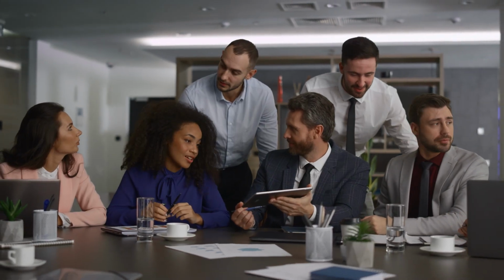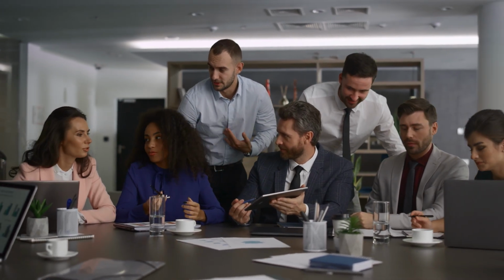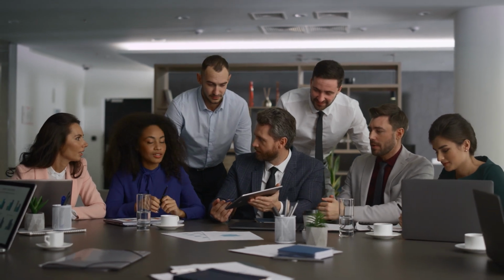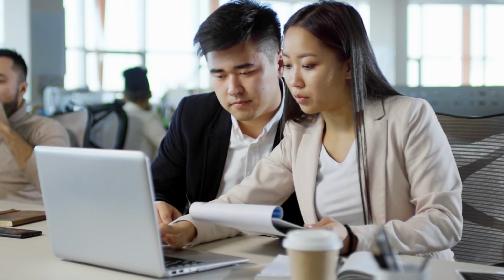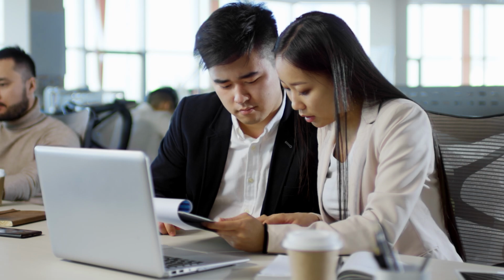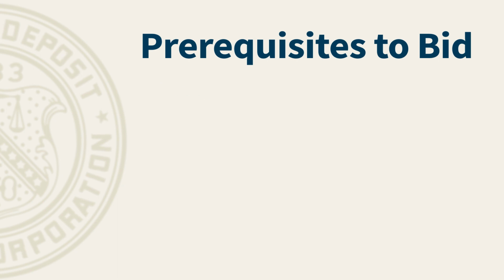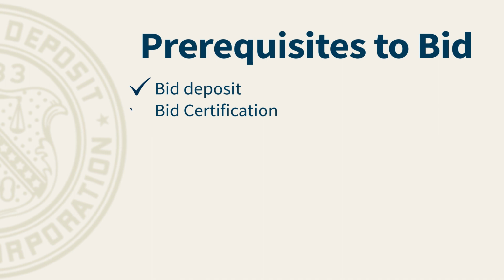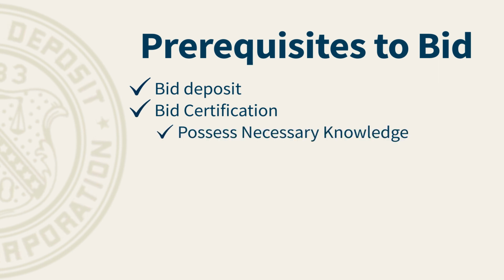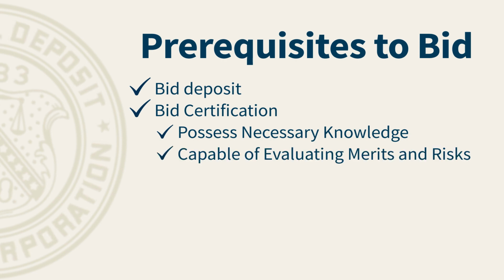Now let's talk about the bidding process itself. Once a qualified bidder completes their due diligence, sealed bids are submitted through the loan sale advisor's secure online bidding platform. Before submitting a bid, the following must be provided to the FDIC's loan sale advisor: a bid deposit, typically in the amount of $100,000, and an executed bid certification in which bidders certify that they possess the necessary knowledge and experience and are capable of evaluating the merits and economic risks of the investment.